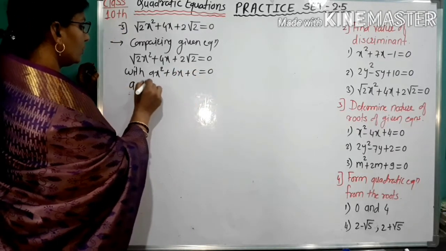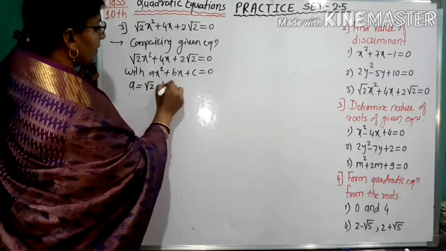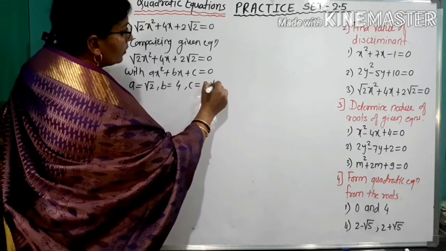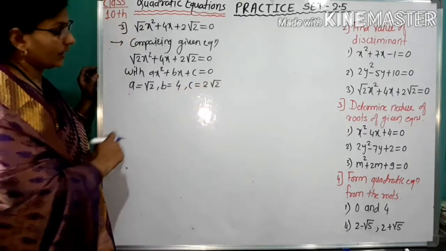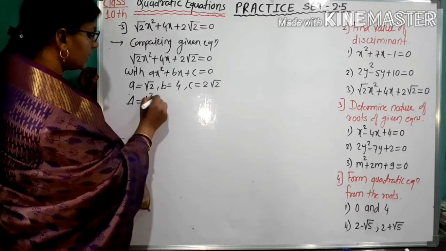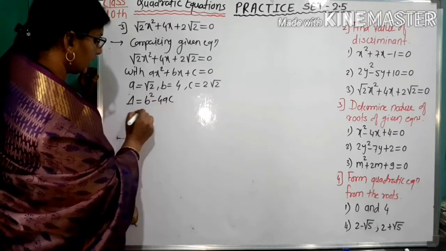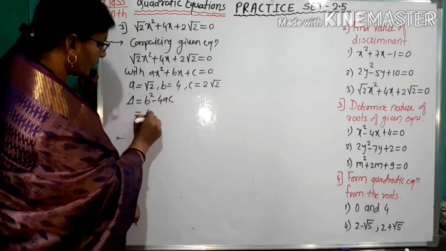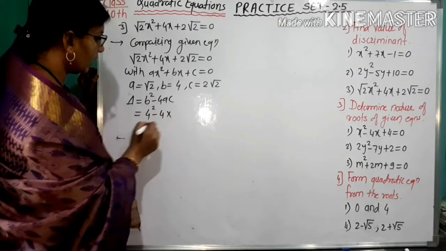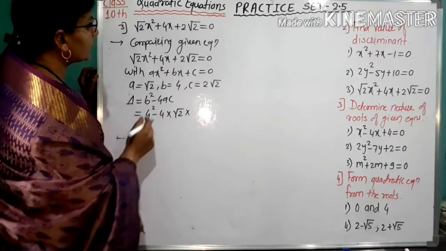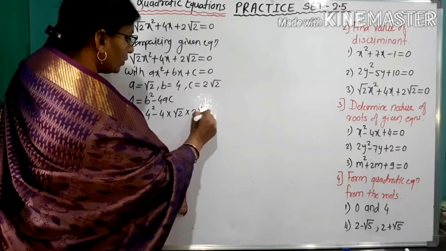Here a equal to root 2, b equal to 4 and c equal to 2 root 2. Then value of delta means discriminant, b square minus 4ac. Put the value of b, that is 4 square minus 4 into value of a is root 2 and value of c is 2 root 2.